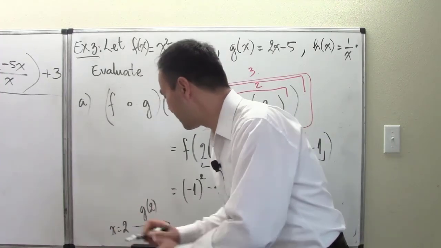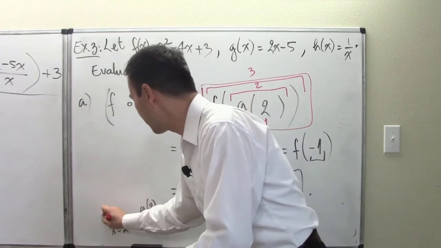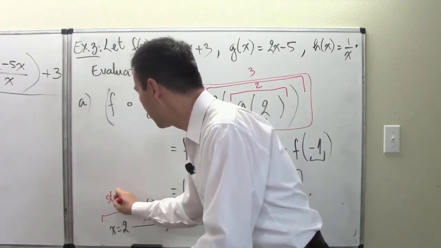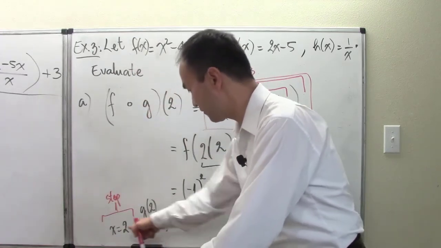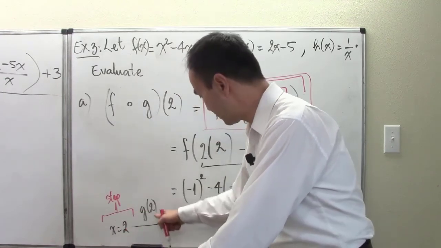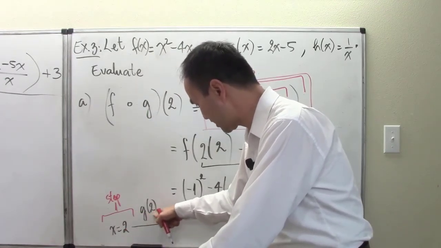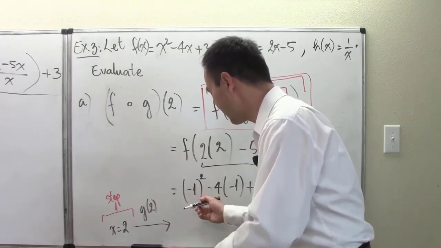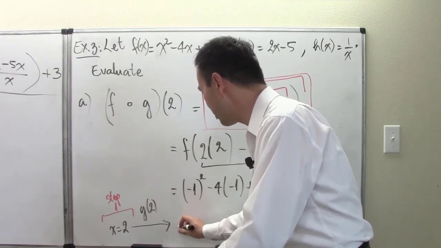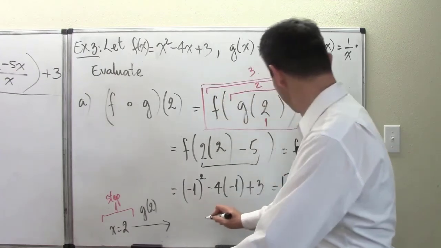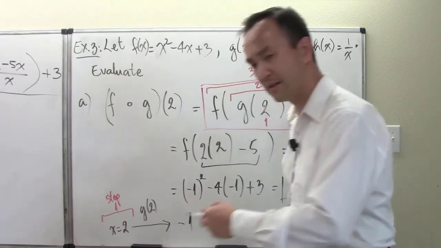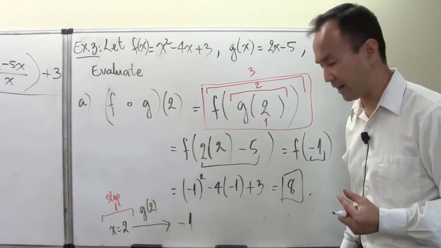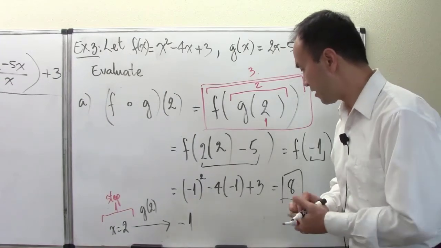So this is step 1, for a given x equals 2. Through the function g, g takes 2 into a new value, which came out to -1.